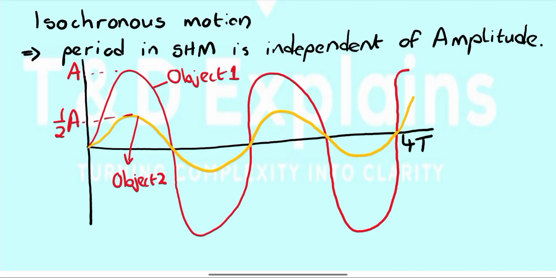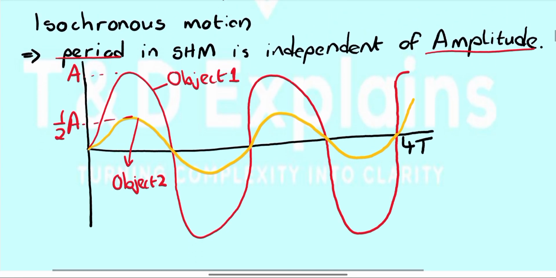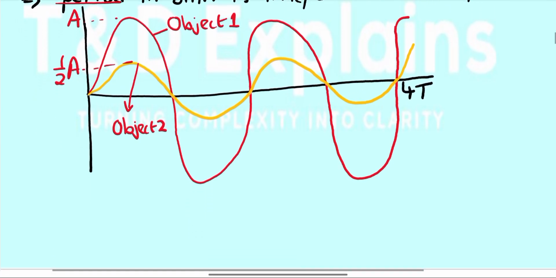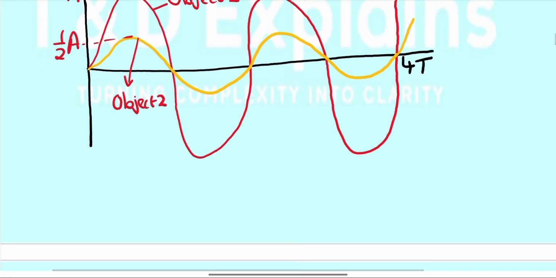This is why we are saying period is independent of the amplitude, because no matter how large the amplitude of an object can be, it will still move at the same time as any object that has a smaller amplitude. So this is an important property for simple harmonic motion.